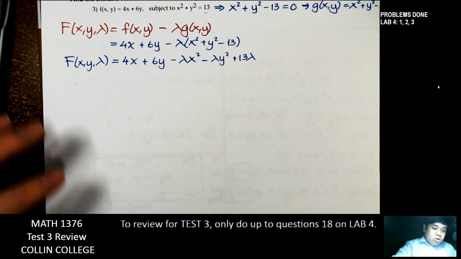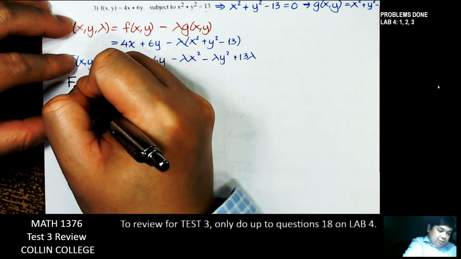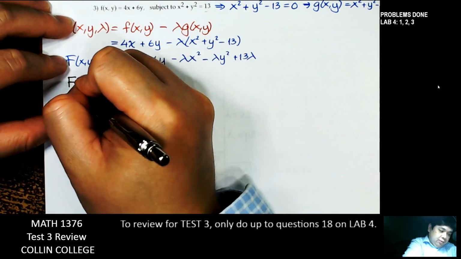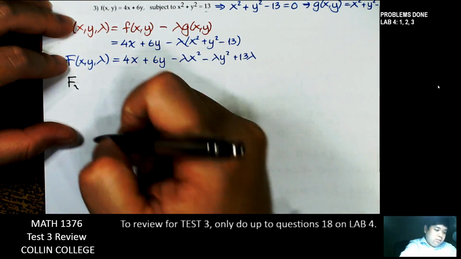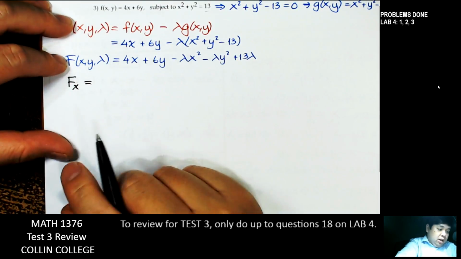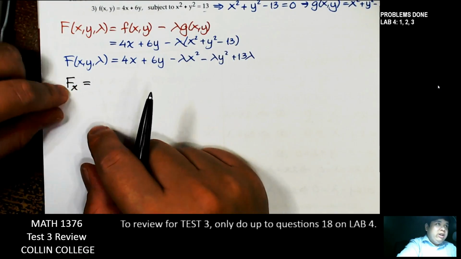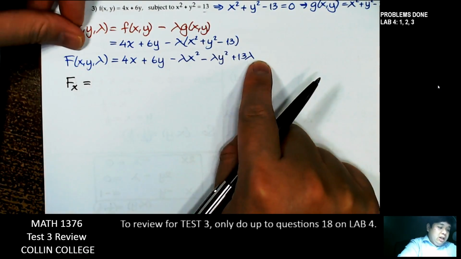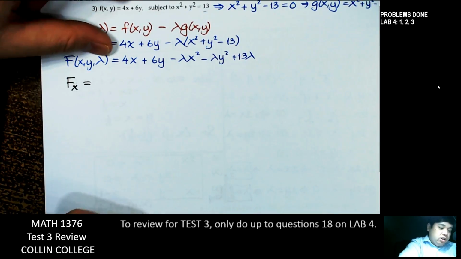Next, we'll take the partial derivative. By the way, on the test, there might be a question where you have to take the partial derivative and start from this equation. We might set up the equation, or we start from that equation.